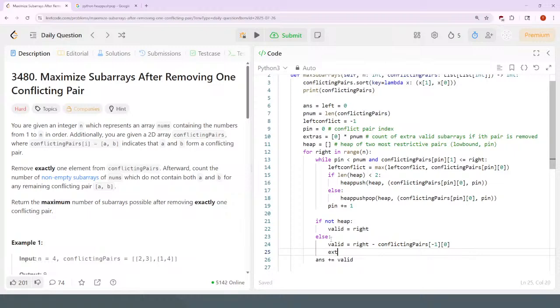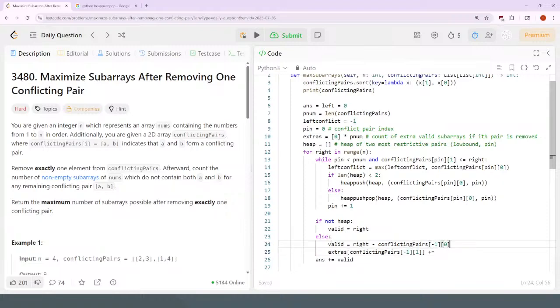So extras, this restriction, conflicting pairs at index is the first or the second element of that tuple, plus equals, so how much can you get?